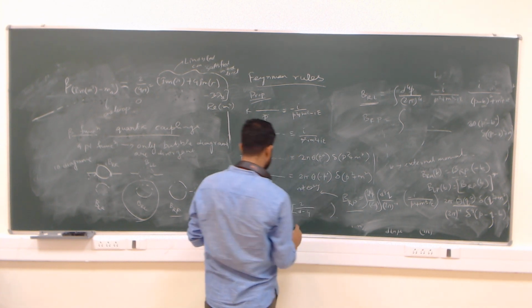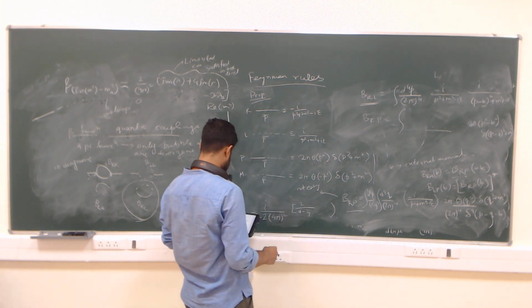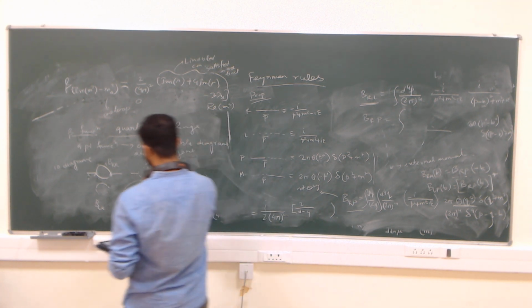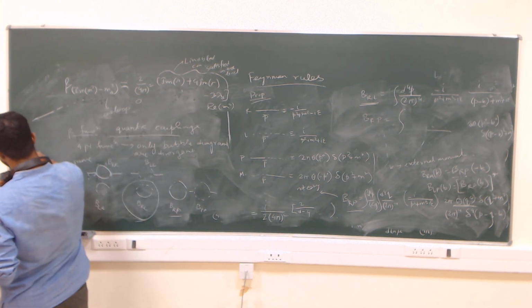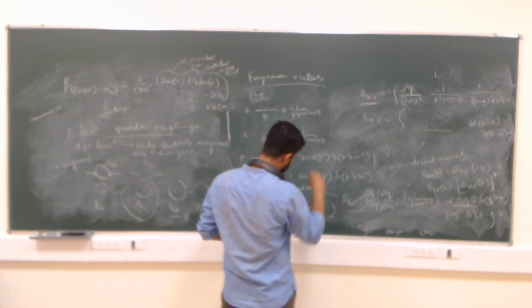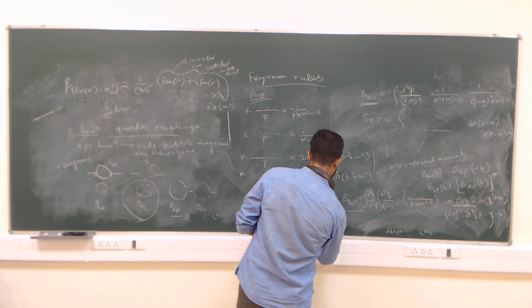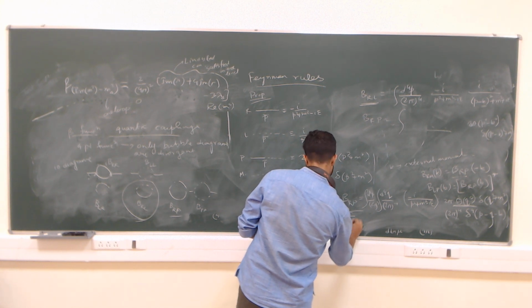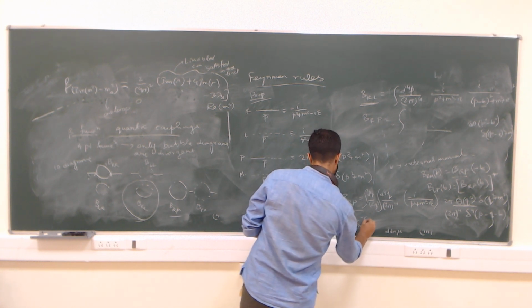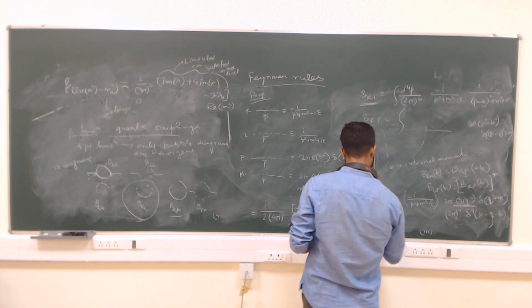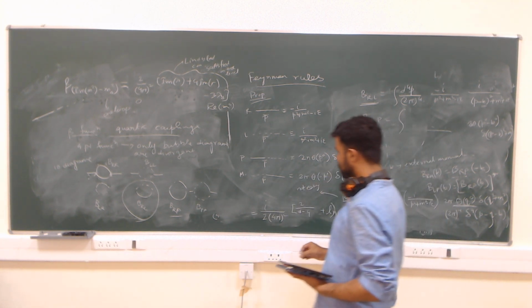It is very similar to the A that I wrote previously for the previous diagrams, from which I derived the beta function for A squared and so on. This in fact is just half of that.